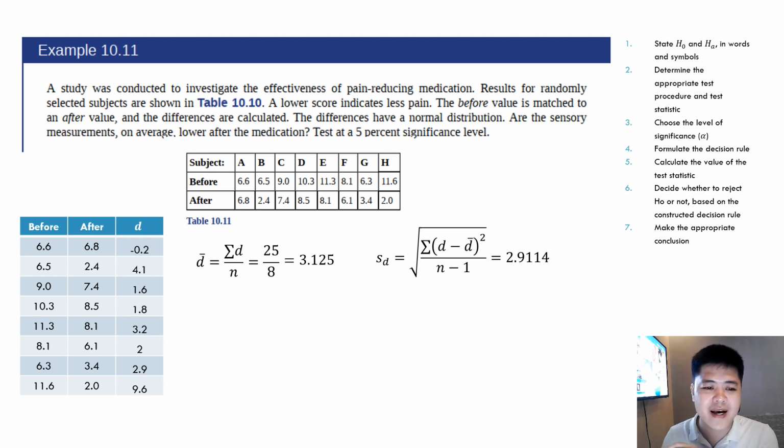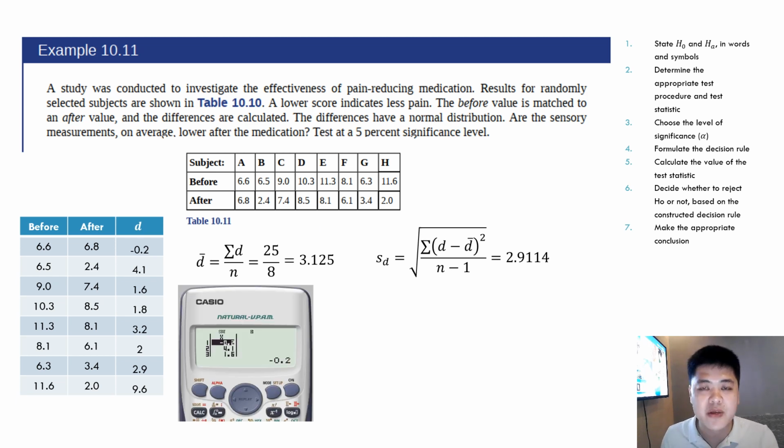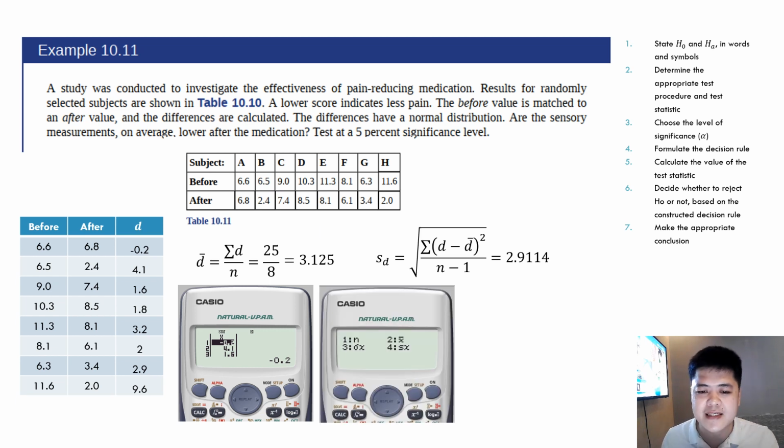By the way, just in case, pwede nyo gamitin yung calculator nyo to compute for the mean and the standard deviation. Itong 2.9114. Ang gawin lang natin, you set your calculator into stat mode and then encode all the differences. So, encode nyo 0.2, 4.1, 1.6. And then, go to stat mode, choose 1-var, and then shift 2 kung kasyo yung ginagamit nyo, or just get the statistics na kailangan natin.